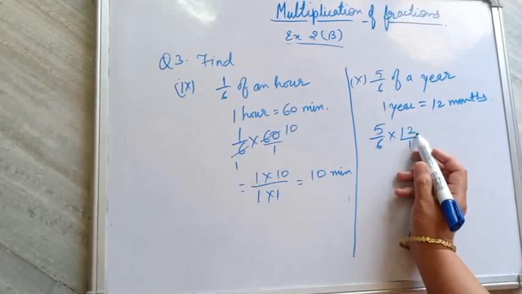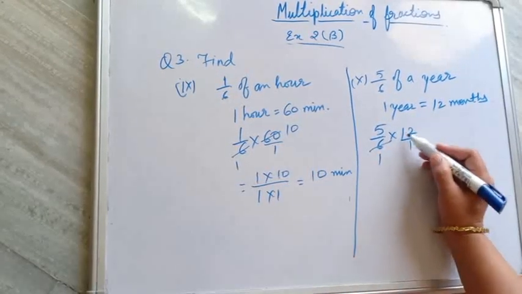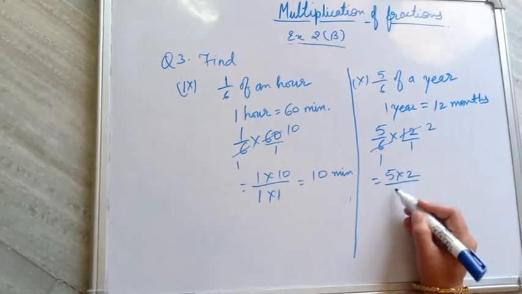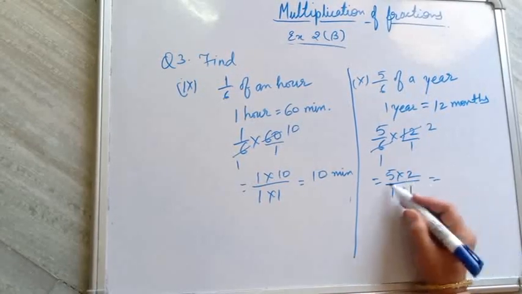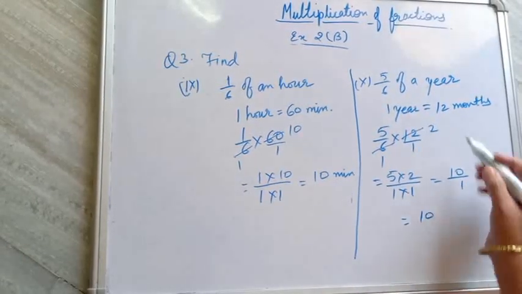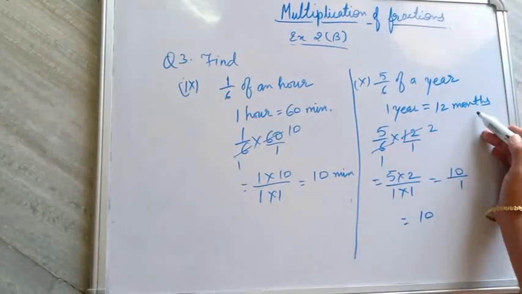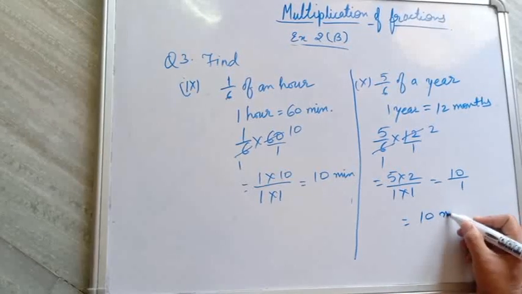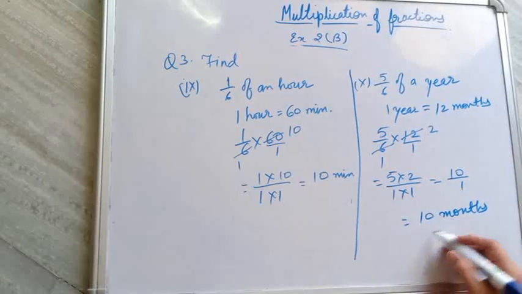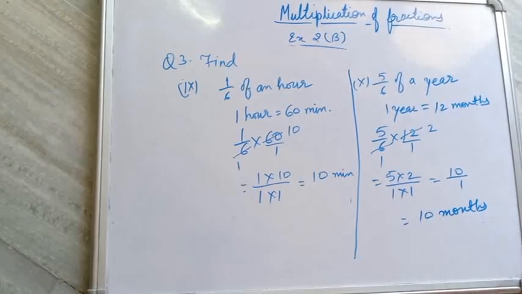Now 12 is divisible by 6, so 6 1s are 6, 6 2s are 12. It's 5 into 2 upon 1 into 1. 5 2s are 10 and 1 into 1, 1, that is 10. We have converted 1 year into 12 months, so answer will also be in months. So 5 by 6 of a year is equal to 10 months.